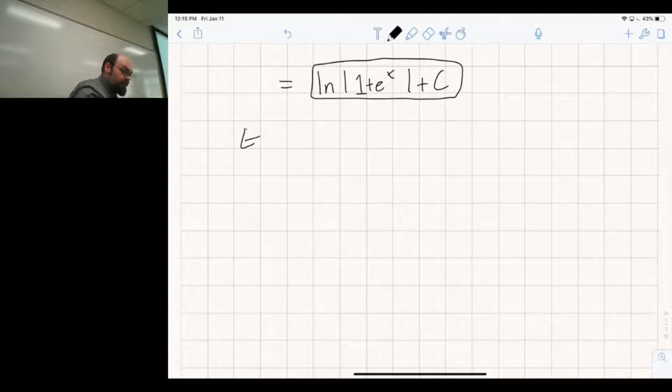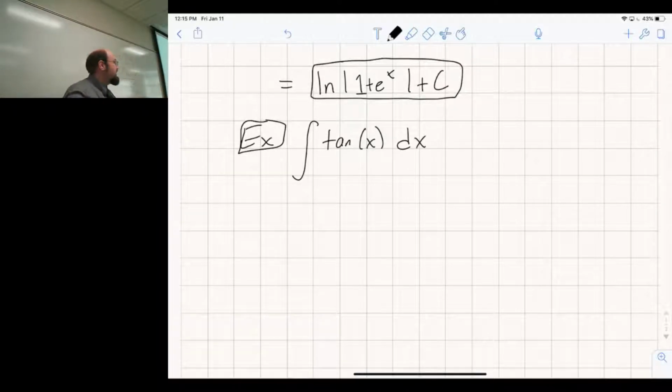Let's look at another example. What about the integral of the tangent of x dx? Do we know what the integral of tangent x is from our table or from our list of derivatives from Wednesday? Is that a special one? Yeah? What's the integral of tangent?